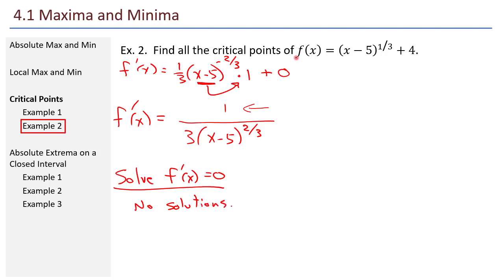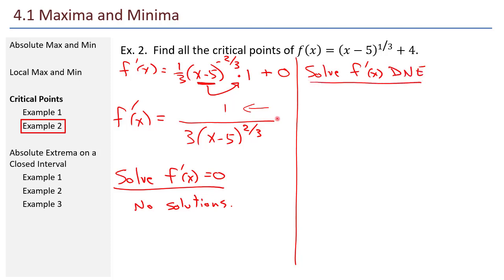All right, let's turn my attention to the second thing I need to figure out. Let's solve for when my derivative does not exist. Now my derivative is a fraction, and when does a fraction not exist? The fraction doesn't exist when the denominator is 0. So to solve for when my derivative doesn't exist, let's solve 3 times (x minus 5) raised to the 2/3 equals 0.